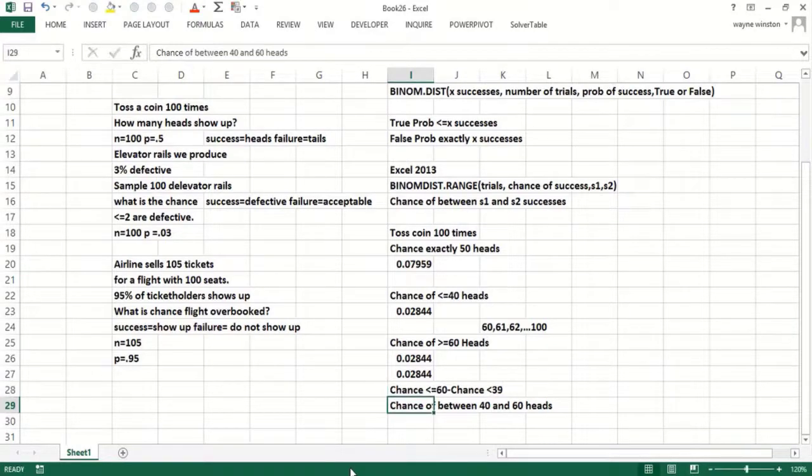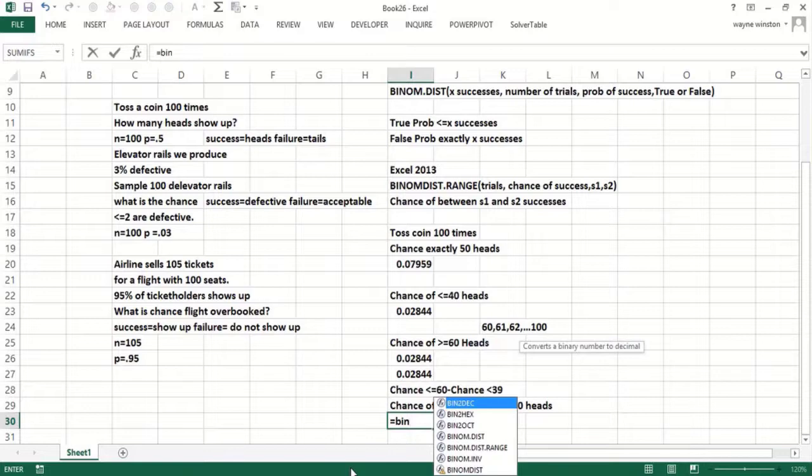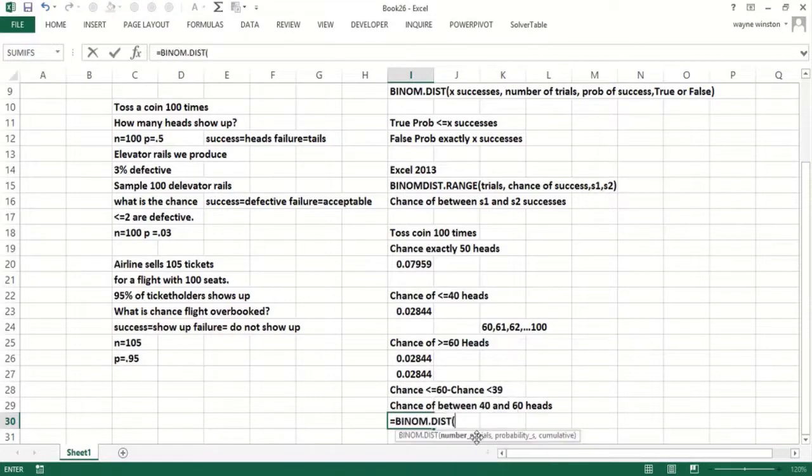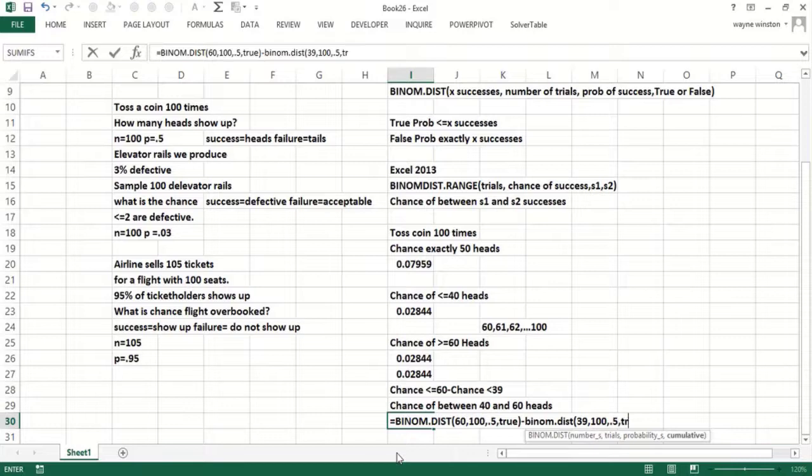So BINOM.DIST with a 60, okay, is 60 successes out of 100 with a true. That's a chance of less than or equal to 60. And now I look at the chance of less than or equal to 39. And that's going to be this.